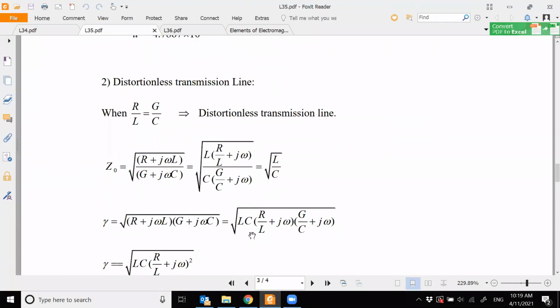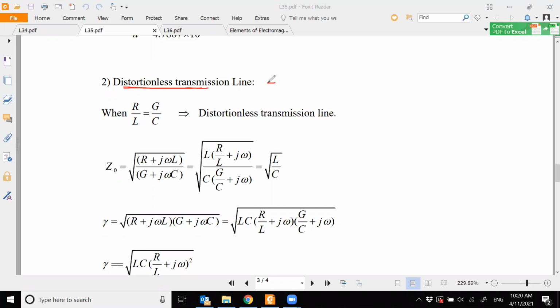Then the second special case. So what is the second special case? The second special case is called the distortionless transmission line. So what do you mean by distortionless transmission line? A transmission line is called a distortionless transmission line when the R over L ratio is equal to the G over C ratio.